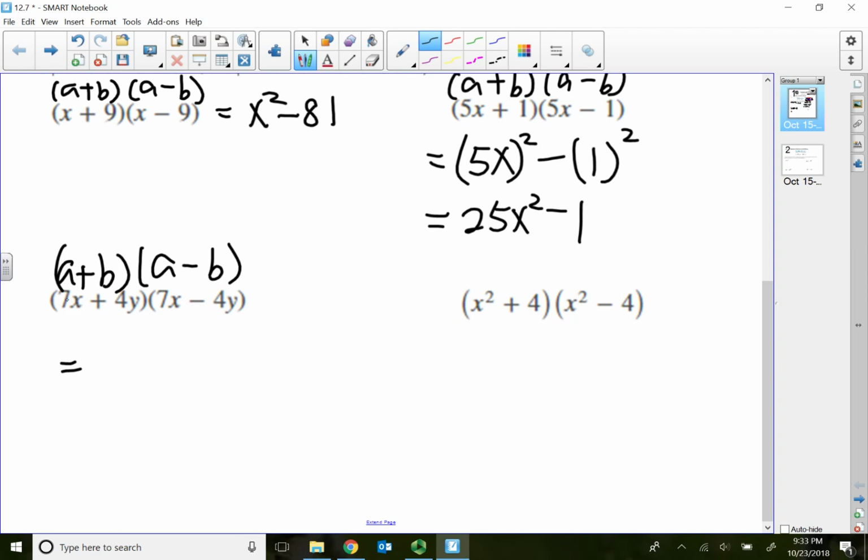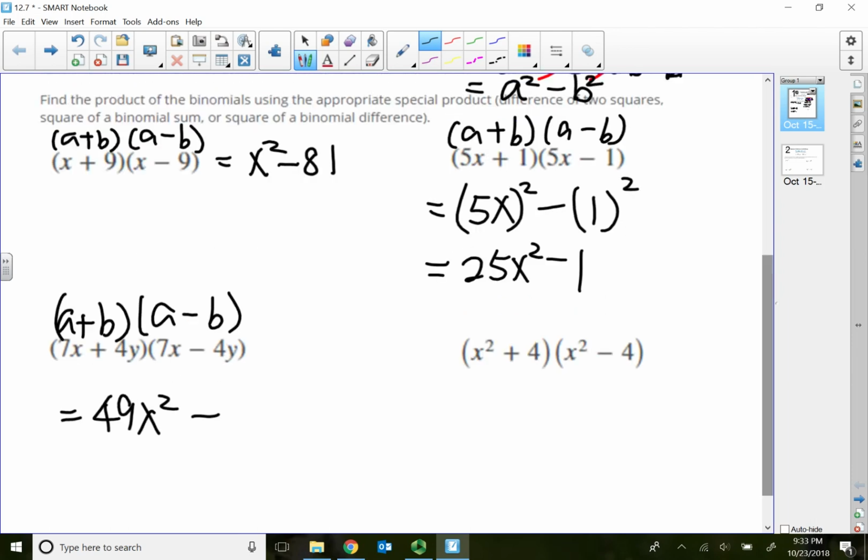If I take my a whole thing squared, 7 squared is 49, x squared is x squared, minus my b squared. 4y whole thing squared: 4 squared is 16, y squared is y squared. So my answer is 49x squared minus 16y squared. If you FOIL this out, there's nothing wrong with that, but it is always beneficial to recognize a difference of squares problem whenever you see one. We do quite a bit of difference of squares in Math 110 college algebra.